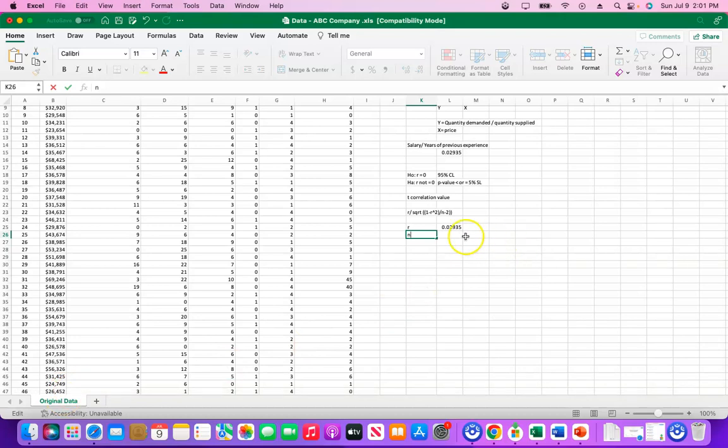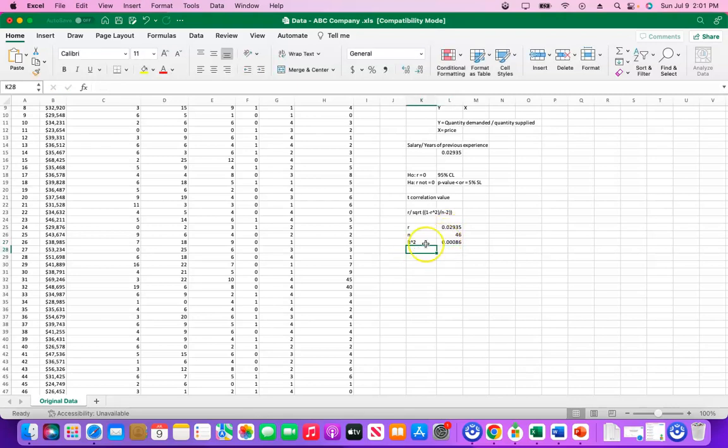So n is 46. And then we need r squared. So we will put an equal sign here, click on this value, and then put r squared. So in this case, we have our r squared.